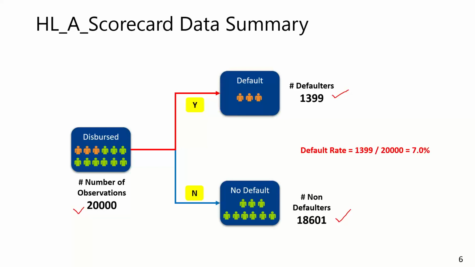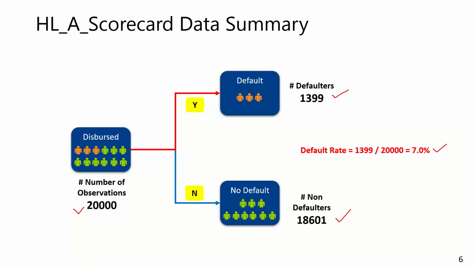Here I would like to inform you that in a home loan kind of product, you do not have such a high default rate. 7% is the default rate I'm showing in the data. In a home loan product, you will expect 0.25, 0.3, 1% at max default.